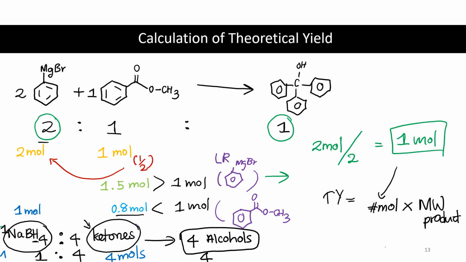It's the same ratio, so it's same as 1-to-1. So whatever amount of ketones you react, you should be able to obtain the same amount for the alcohol theoretically. And then you can apply the same method as here and get the theoretical yield.